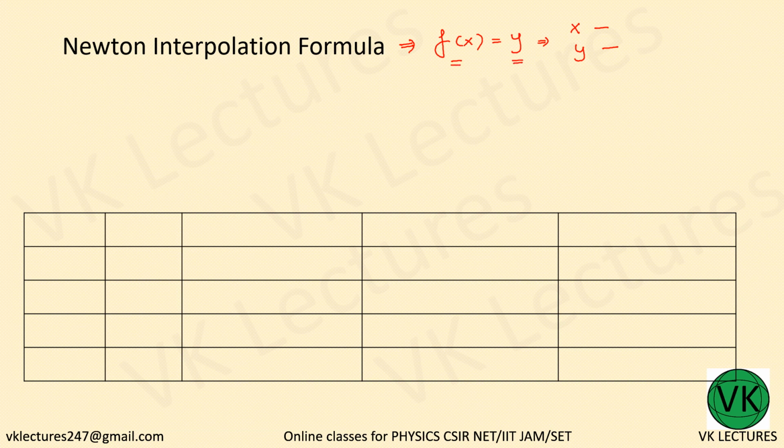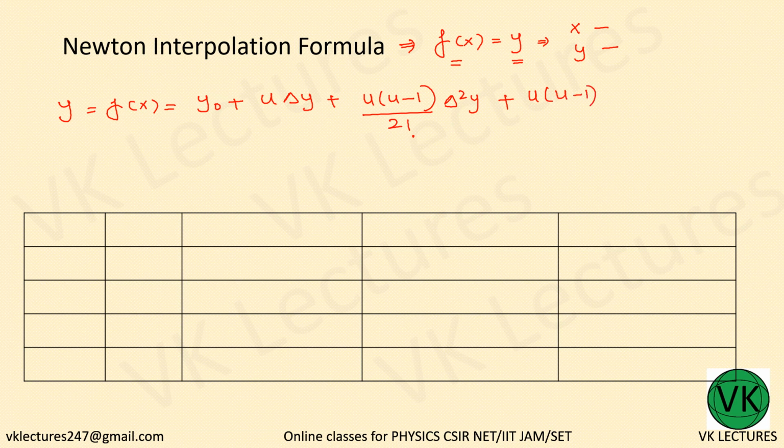So y is equal to f of x is equal to y naught plus u into delta y plus u into u minus 1 by 2 factorial into delta square y plus u into u minus 1 into u minus 2 divided by 3 factorial into delta cube of y, etc.